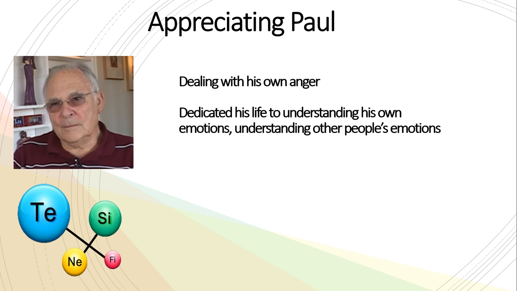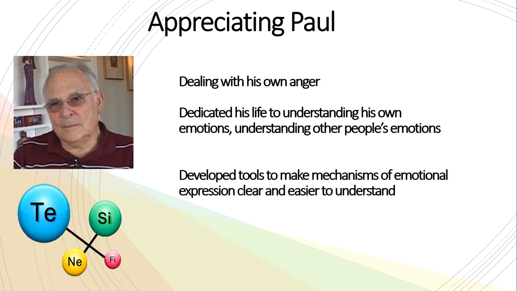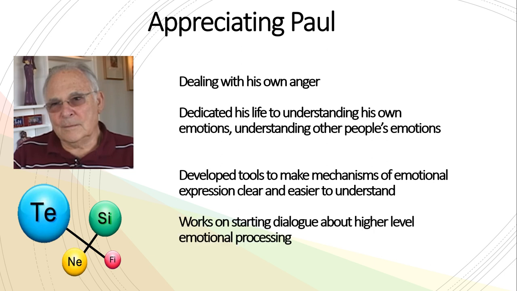He dedicated his life to understanding his emotions and other people's emotions in very concrete terms, developed tools to communicate the components of emotional expression and make it easier to understand, and he worked on starting dialogue about higher level emotional processing with other people. Cooperating with others on emotional stuff, that's really, really hard for Paul.